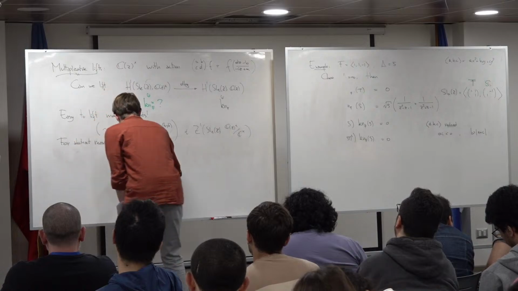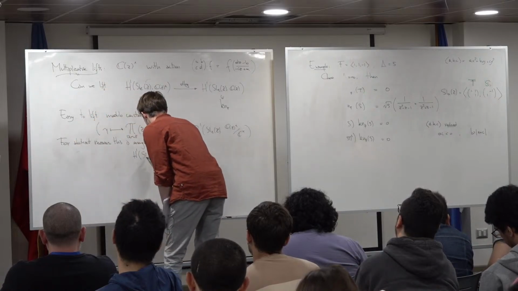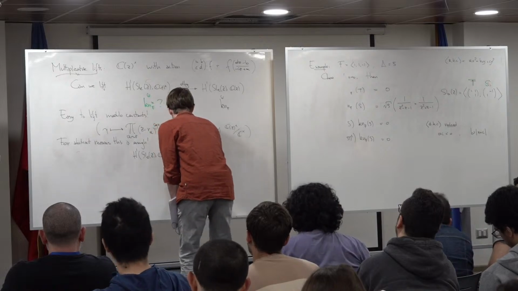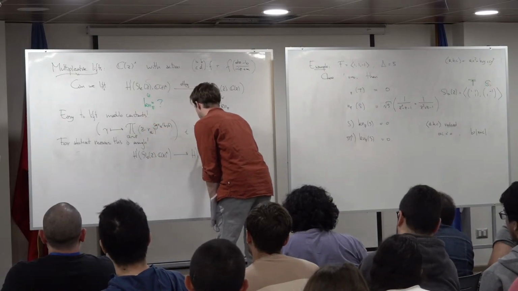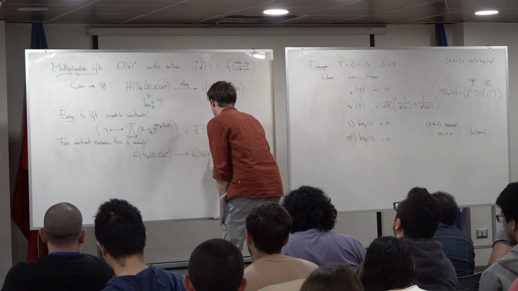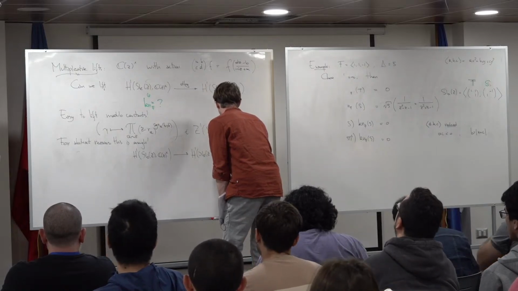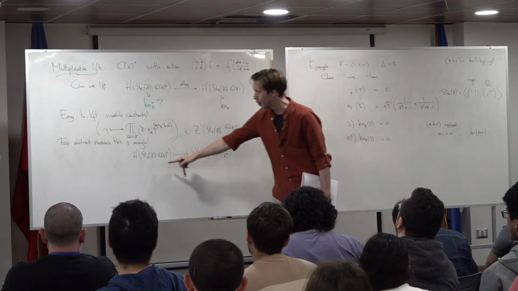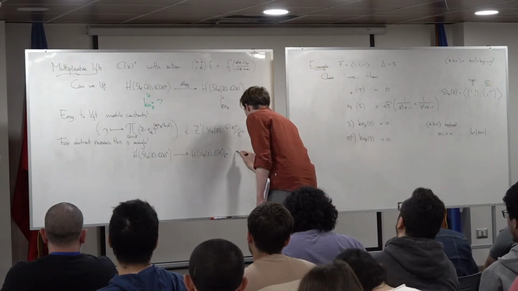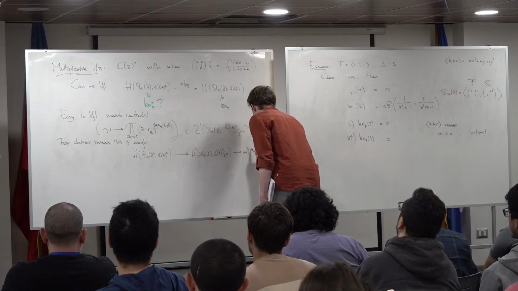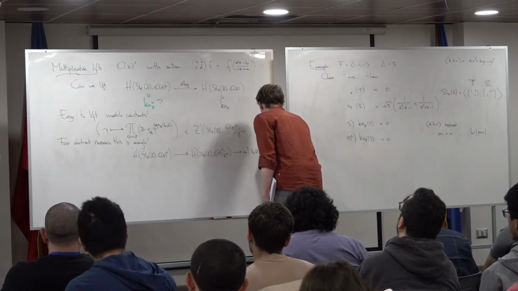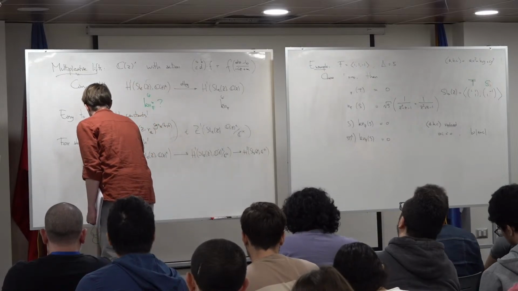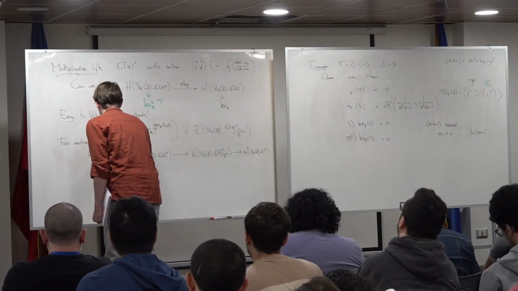Well, because if we look at the group where we want to be, H1 SL2Z CZ star, and we take it modulo constants, so that's H1 SL2Z mod CZ star modulo constants, we've now constructed something in here, and we hope that it lies in there, and we know that this is part of an exact sequence where the next term is H2 SL2Z C star, and the previous term is H1 SL2Z C star.